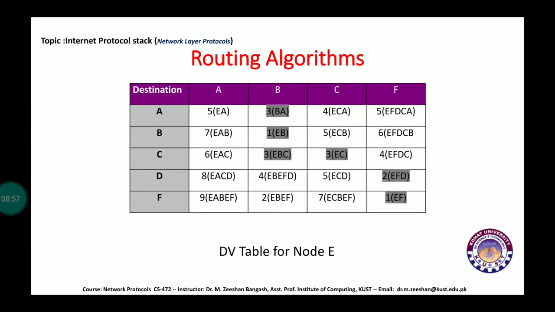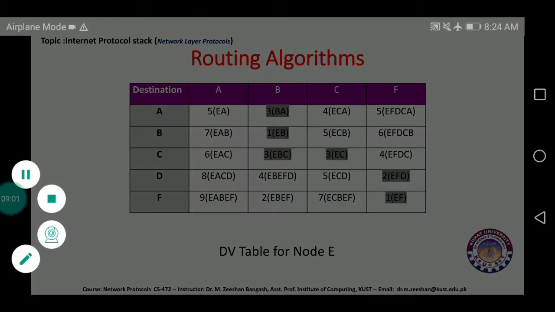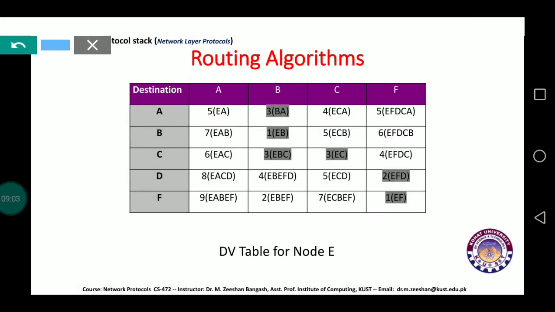Again, this is a matrix, since we are reaching E from a node. It's a matrix that comprises A, B, C, and F. Similarly, there's another column that shows the same matrix A, B, C, D, and F, and we are trying to reach the destination, which is E.